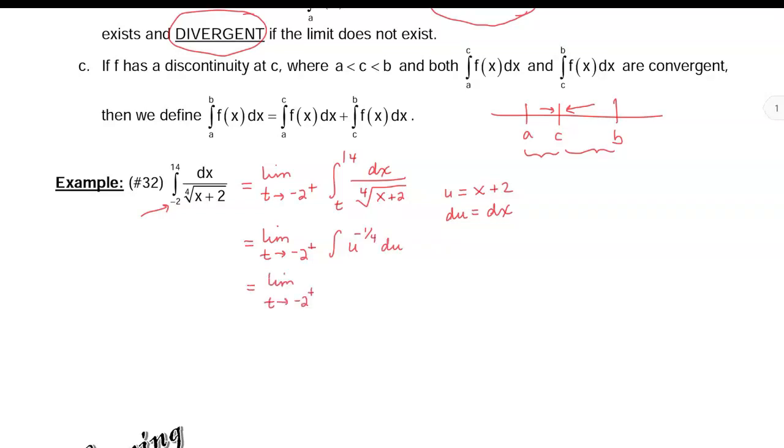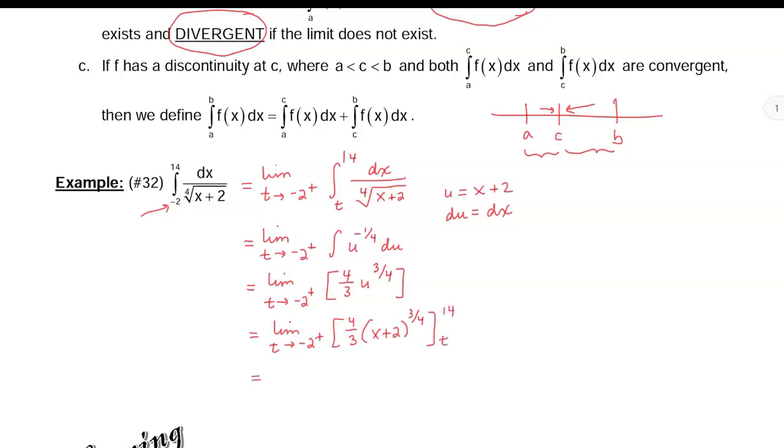The antiderivative of u to the -1/4 is going to be u to the 3/4 divided by 3/4, which is the same as times 4/3. I'm going to bring x back in. And therefore, I'm going to write my limits down again.